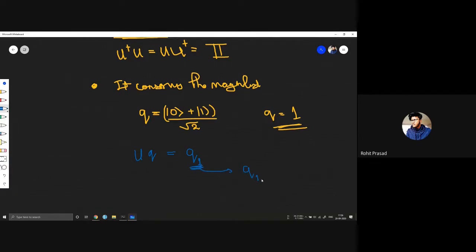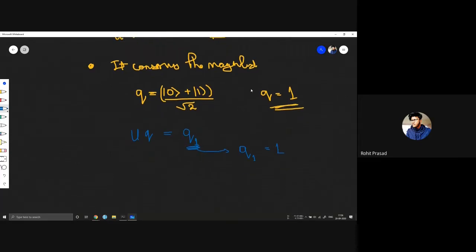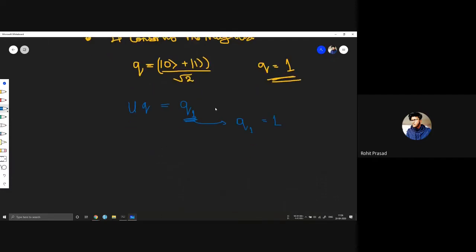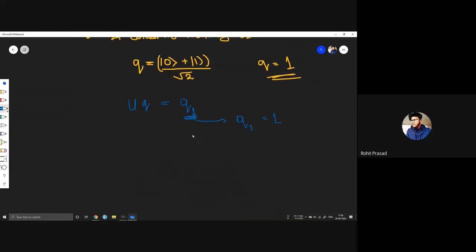Like in the new vector space, the probability of the state will be 1. So it conserves the magnitude of the vector that it's transforming.